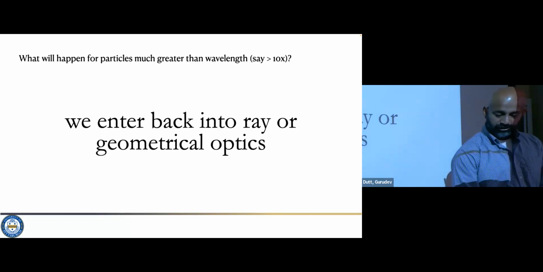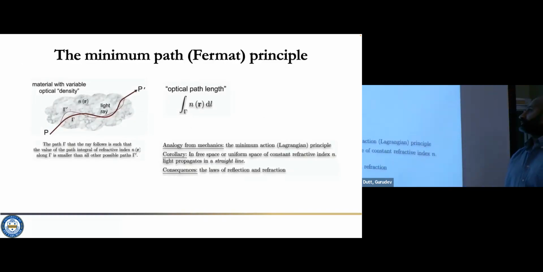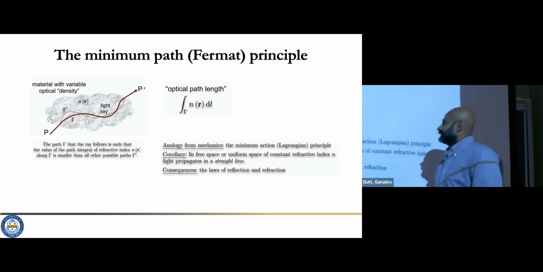Okay, so I just want to introduce in the few minutes that I have the most important principle in ray optics. This is the fundamental principle that allows us to understand how rays propagate, and it is called the minimum path, or Fermat, principle. So let's look at a light ray in some medium with a variable optical refractive index n, which is a function of r.